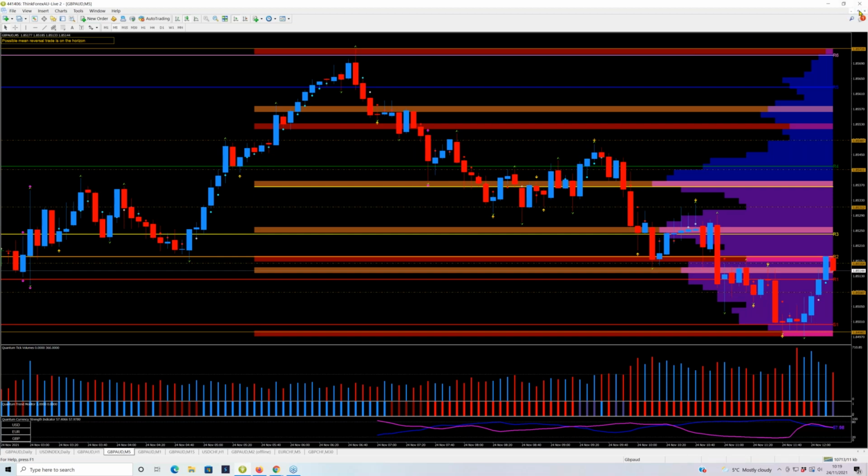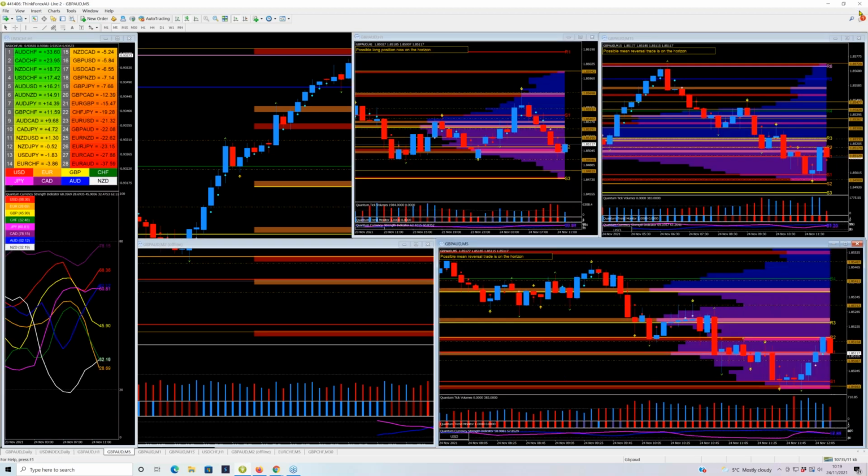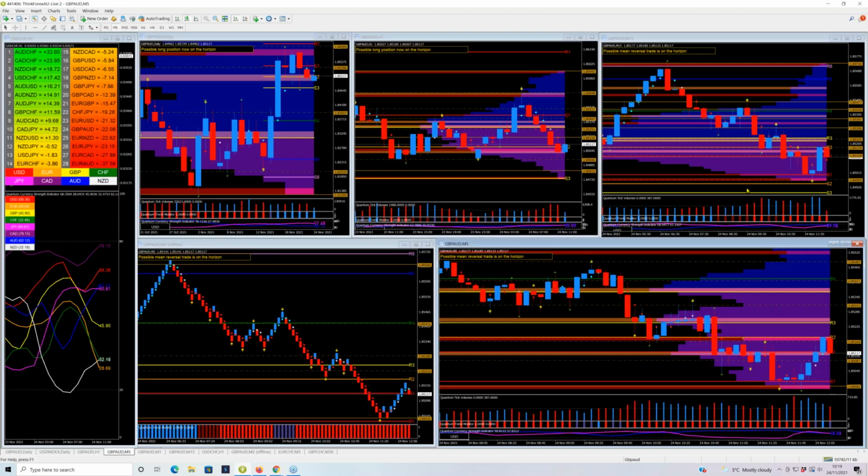On the hour up to the daily, they are calculated once a week. So whatever levels you see on the hourly chart and the daily chart, they're there for the week. On the weekly chart, they are there for the month. So you have 3 sets of values to help you determine where this price action is likely to stop or not.